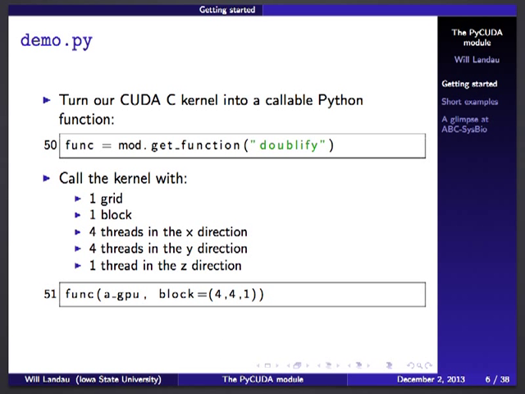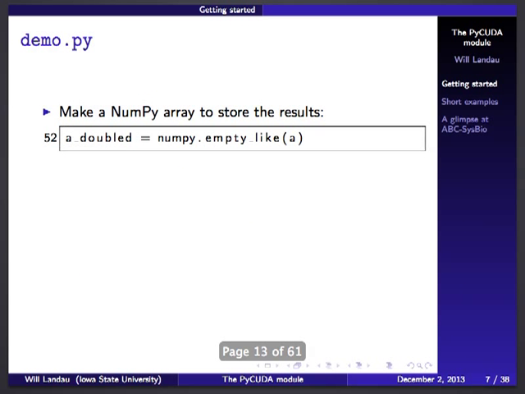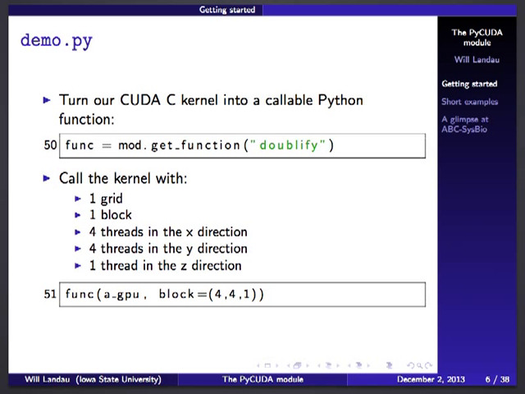So there's this block, and it's a tuple with 3 numbers, and that's the number of threads in each dimension. You could presumably define more blocks also, but I'm not showing that here. So notice I'm calling this function like I would a normal Python function, this func. I'm passing in the data and the level of parallelism that I want, which is the block argument here.